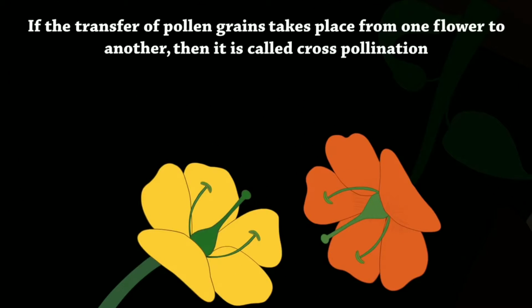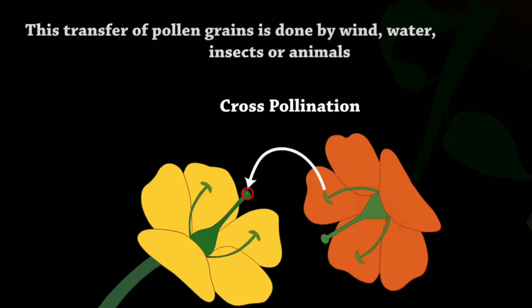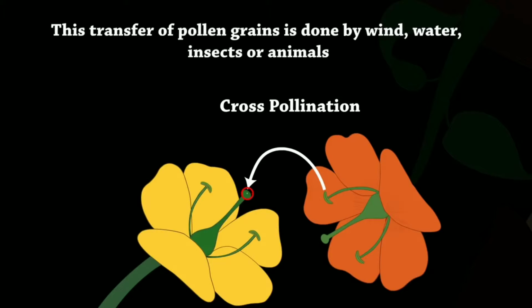If the transfer takes place from one flower to another, it is called cross-pollination. This transfer of pollen grains is done by wind, water, insects, or animals.